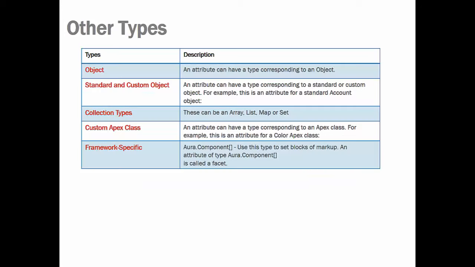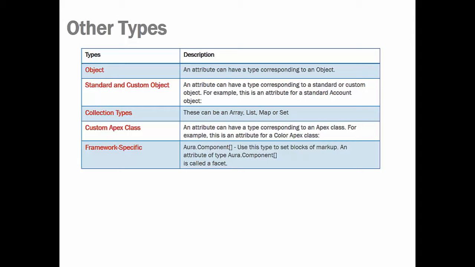Now, so far I've talked about basic types, but there are other types. For example, in basic types, we had things like Boolean, string, decimal, date, integers, and so on and so forth. There are others that are called object.